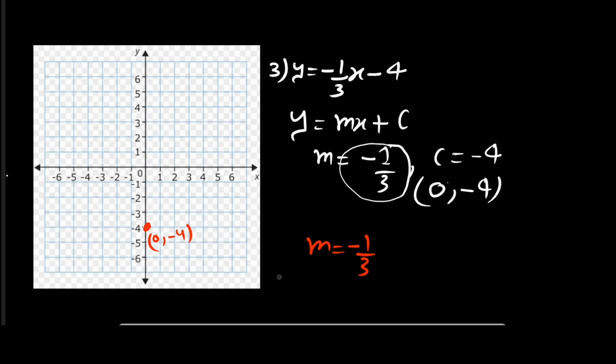Now starting from the y-intercept, I'm going to plot another point using the slope. So we have to rise 1 unit, which is negative. So from the y-intercept point, go down 1 unit and move to the right 3 units.